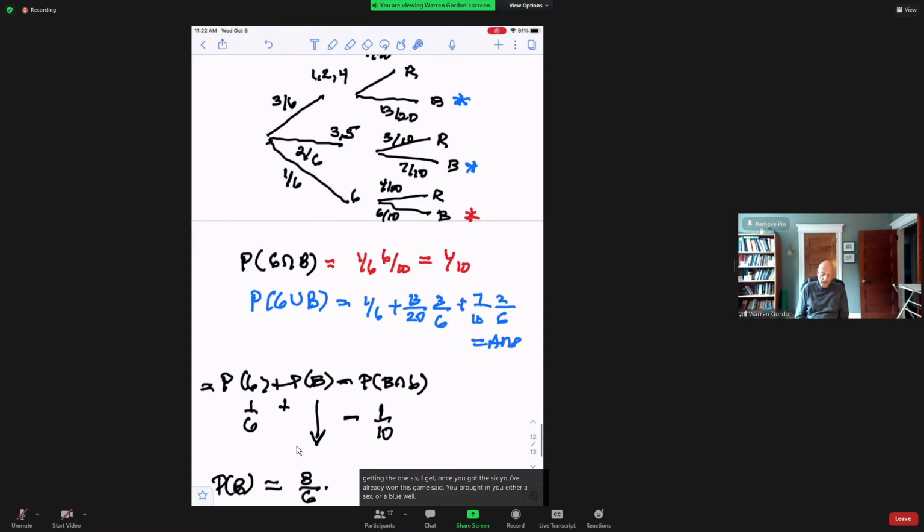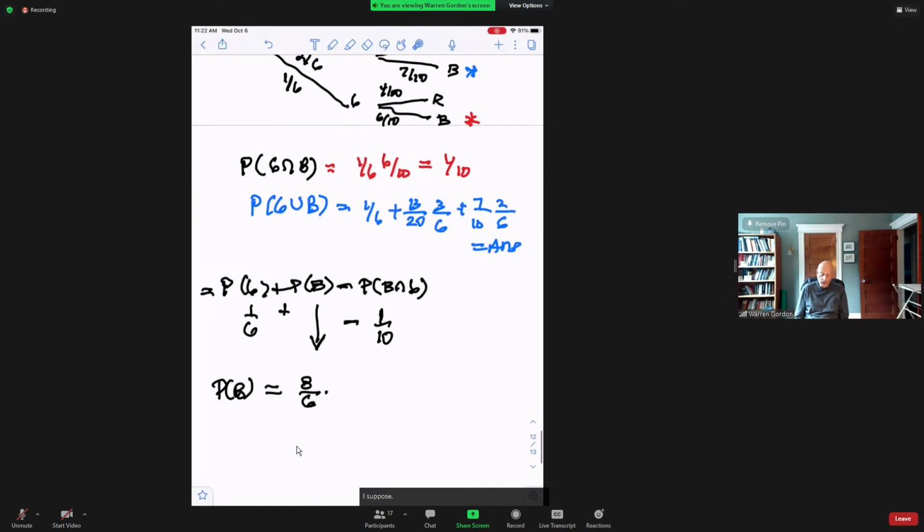Well, you can get a blue this way and this way, and a 6 this way. I subtract off the thing when I'm using this method here. There's a subtraction because when you compute the blue, you've also gotten the 6, so you have to subtract it off. You can't count it twice. Got it.